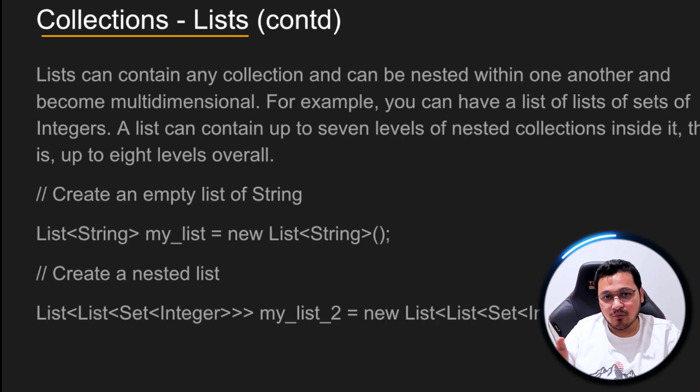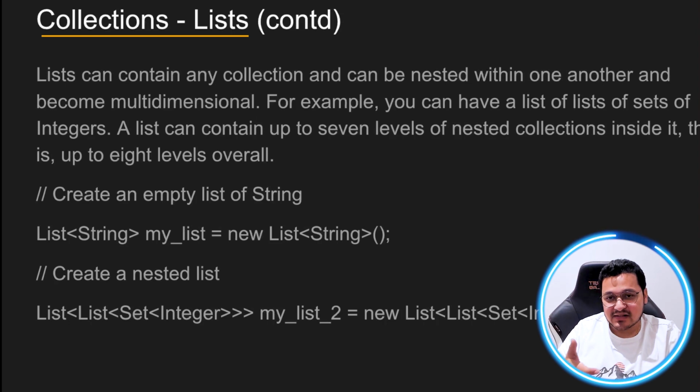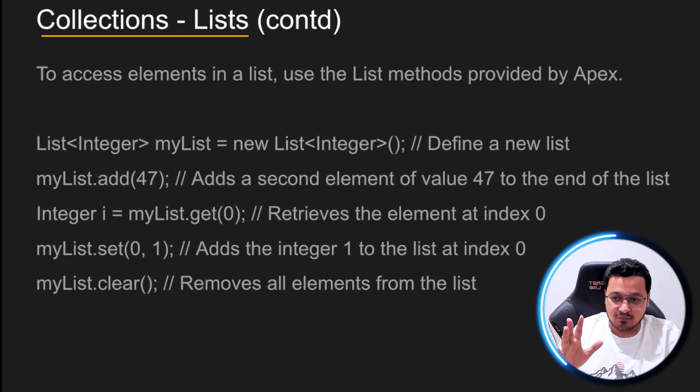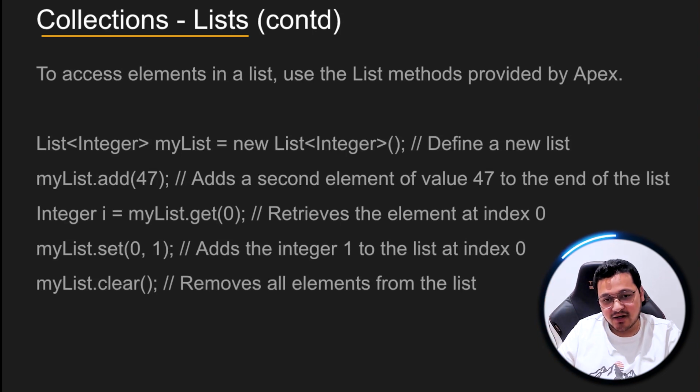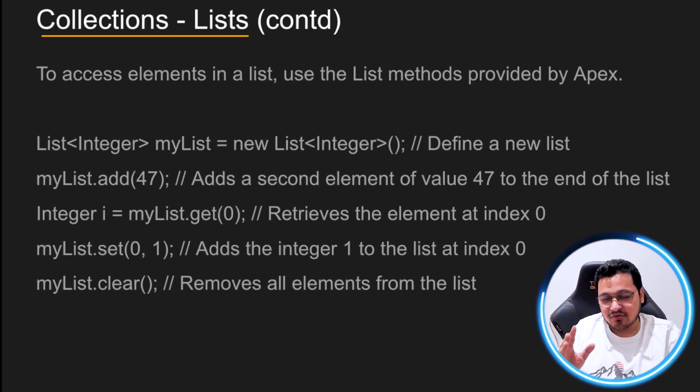You will rarely go more than two-dimensional in Salesforce because when you try to implement business logic, the data model doesn't get more complex than this. Just understand what I've shown you right now, and I think you should be able to sail through 90 to 95% of your business logic using list of lists.